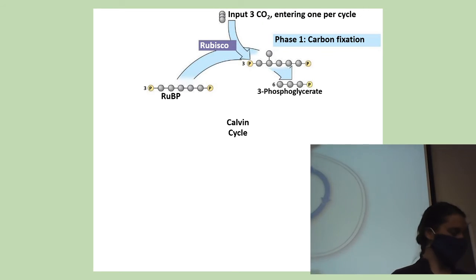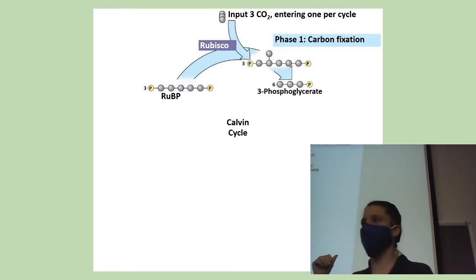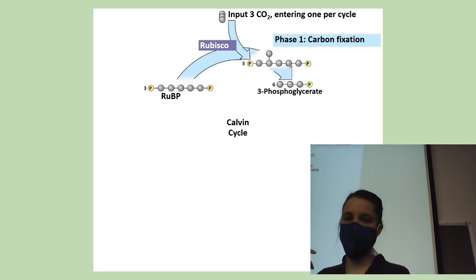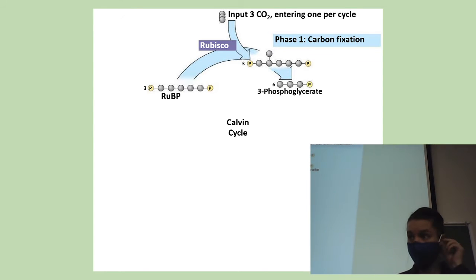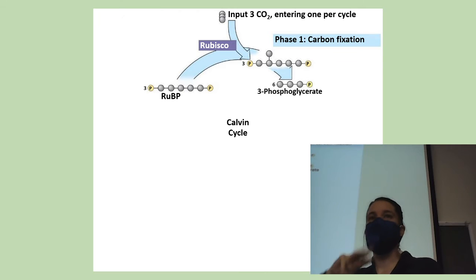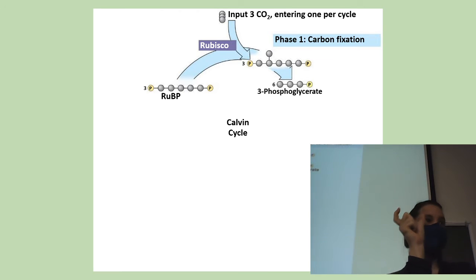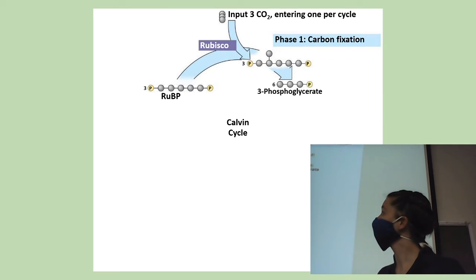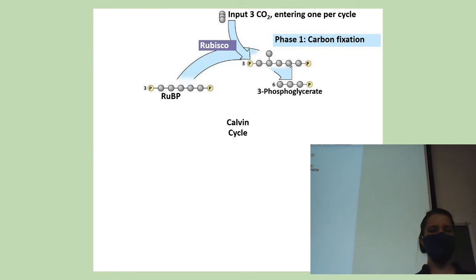Like before with linear electron flow, don't memorize the green slides here, but I want to show you what's happening. By the end of this, we're making a little 3-carbon chunk. So we're going to need 3 carbon dioxides, because we need 3 carbons. Coming in, it's called carbon fixation. Carbon gets added to this little molecule here.